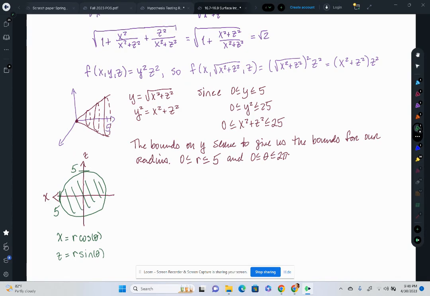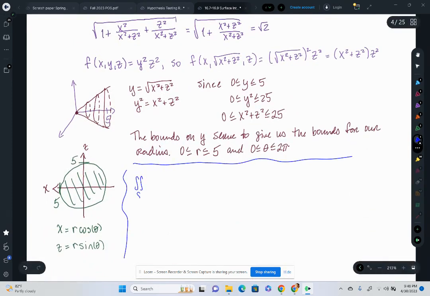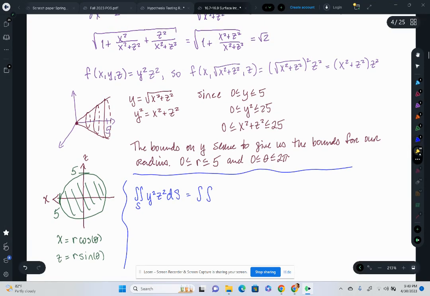Okay, let's figure out where we were. We have a double integral over S of y squared z squared dS is going to equal, and let's find all those parts that we found, okay? The y squared z squared, that's f of x, y, z, and we went ahead and we fixed it with our explicit function.